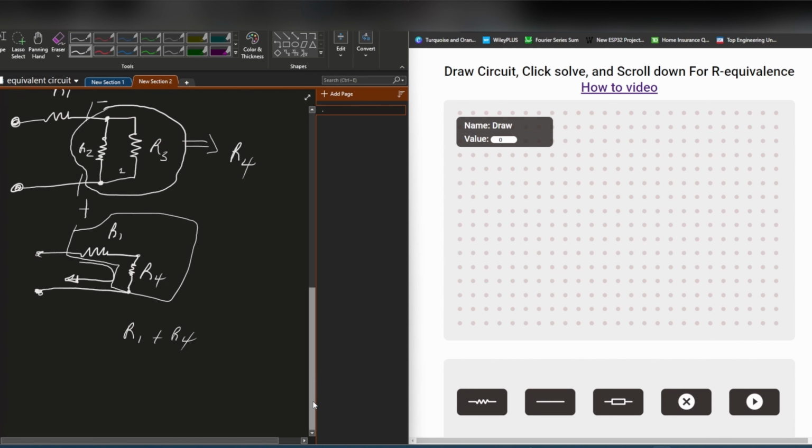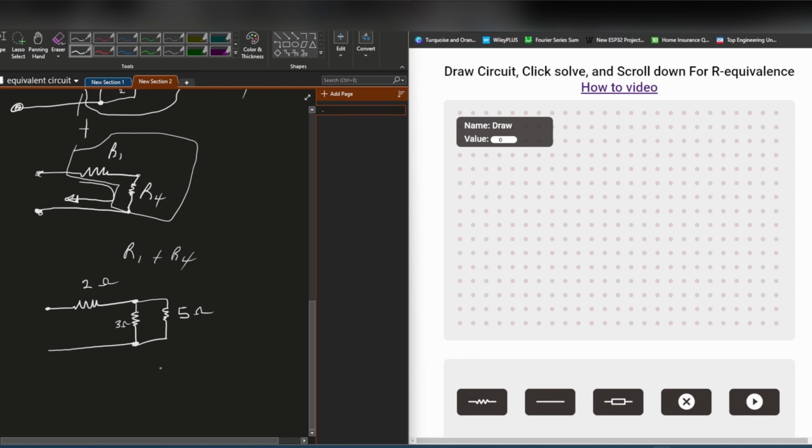Now let's use some real numbers to actually check this. So let's say we had the same circuit, and this was 2 ohms, this was 3 ohms, and this was, say, 5 ohms.